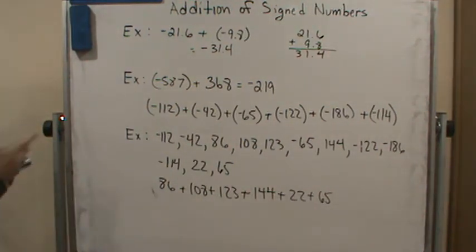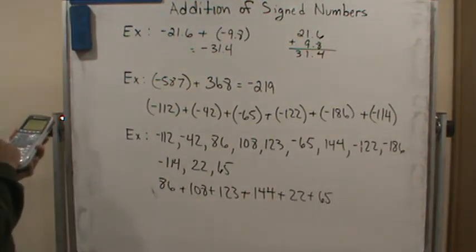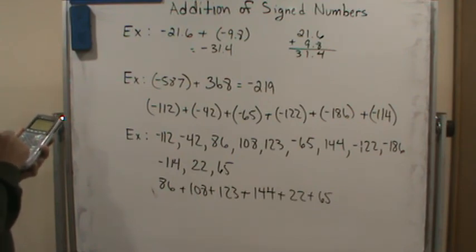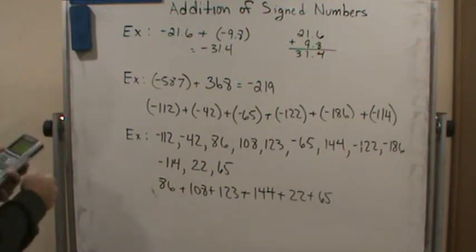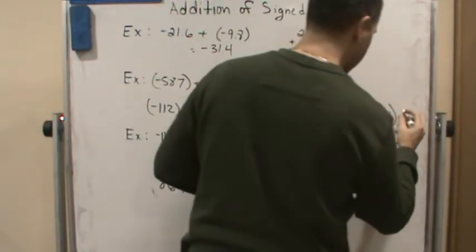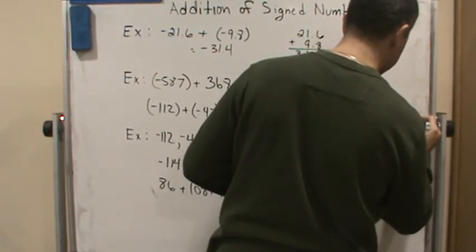Okay, negative 641. So let's see if I did that right. 112 plus 42, 65, 122, 186, 114. Yep, 641. So we got negative 641 up here.